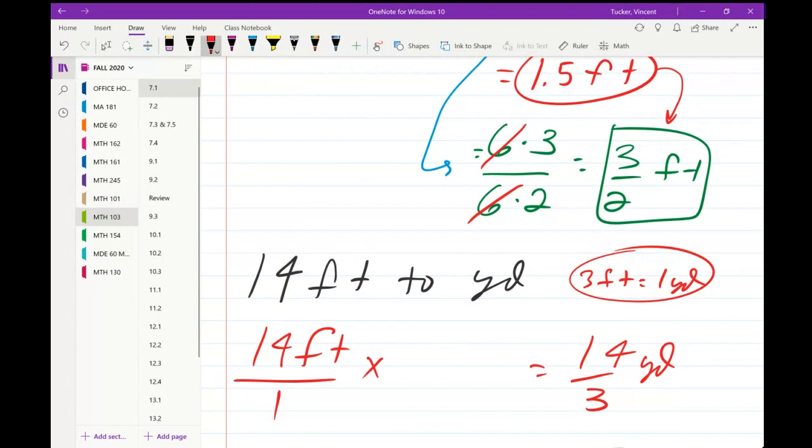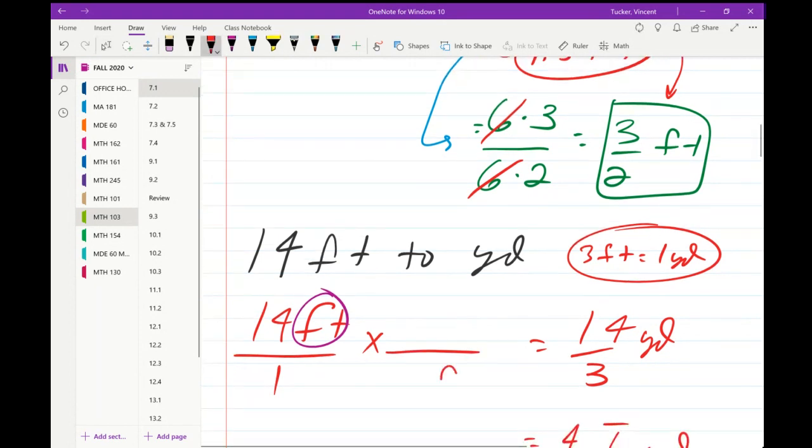All right, next one we have 14 feet, and we want to convert to a yard. So the conversion factor that we'll use is right here. 3 feet is equal to a yard. Once again, you're looking at what you're starting with. That tells you what you need down here. So I need my feet to be down bottom. So that's 1 yard over 3 feet.